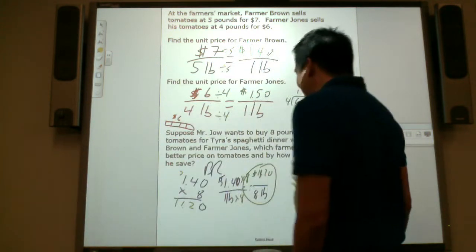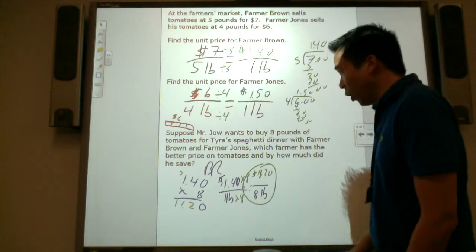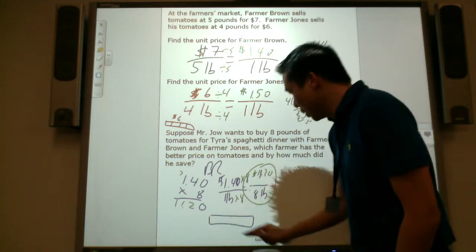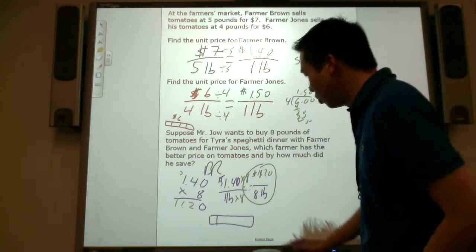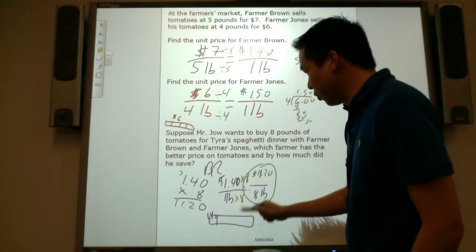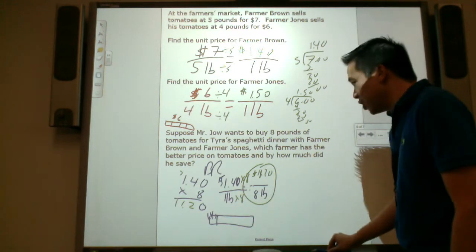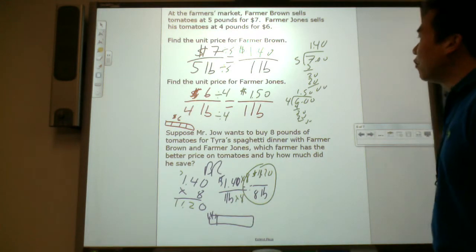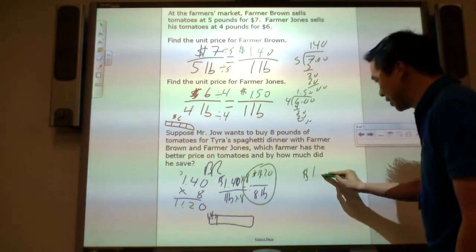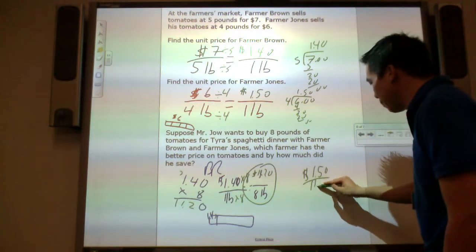$11.20 for 8 pounds. Or again, we could draw a picture of it, because you know each pound costs $1.40. $1.40, $1.40, $1.40, $1.40, $1.40, till you reach $11.20. That's Farmer Brown. However, for Farmer Jones, we know the unit price is $1.50 for 1 pound.